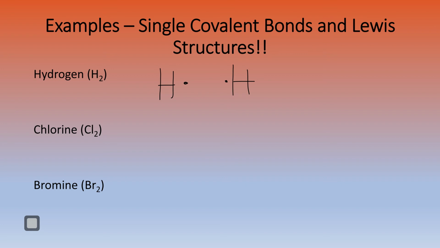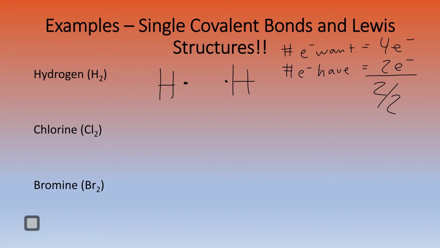If I go off of my little idea of the number of electrons wanted, basically in this molecule, I want 4 total electrons. How many electrons do I have? I only have 2 electrons. So if I subtract the 2, it's 2 divided by 2. Again, I end up dividing the difference in the electrons by 2.